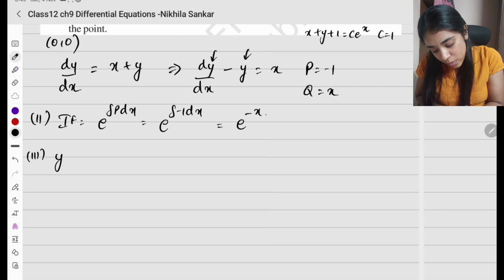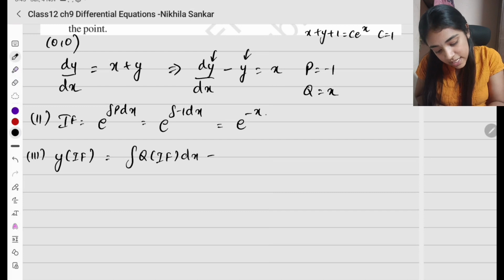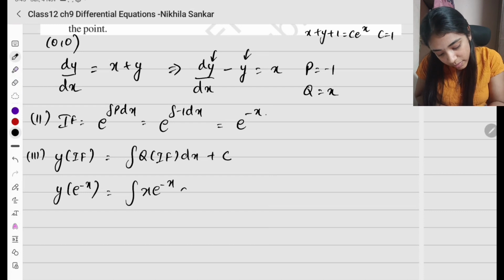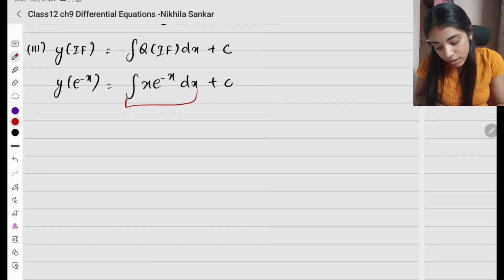The third step: y times integration factor equals integral q times integration factor dx plus c. Y into e to the minus x equals q, which is x into e to the minus x dx plus c. Integration by parts. Shall we do it easily?